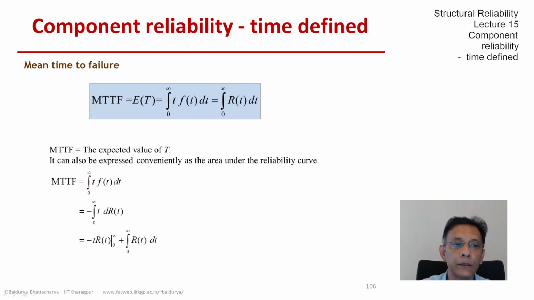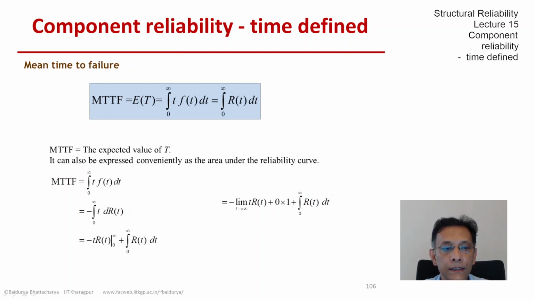So the first term we evaluate at infinity, t R(t) as t approaches infinity, and the other one is t R(t) evaluated at 0, which obviously is 0 times 1, because at t equals 0, R starts at the value 1.